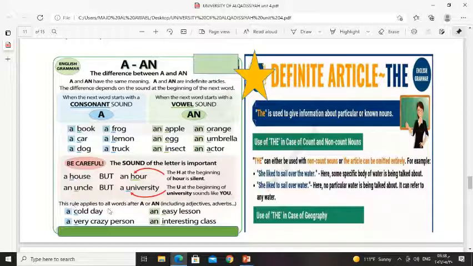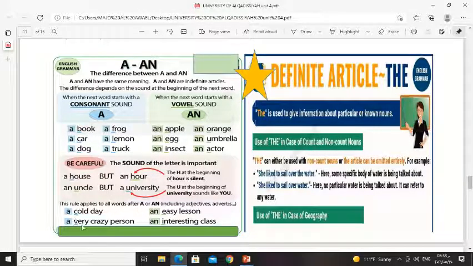This rule applies to the words after a or an, including adjectives and adverbs. ممكن الظرف والصفات أيضا نعرفها بالـ a والـ an، ماكو مشكلة. A cold day, not only the nouns، مو فقط الأسماء المعدودة وغير المعدودة، أيضا الصفات والظروف ممكن نعرفها بـ a و an.